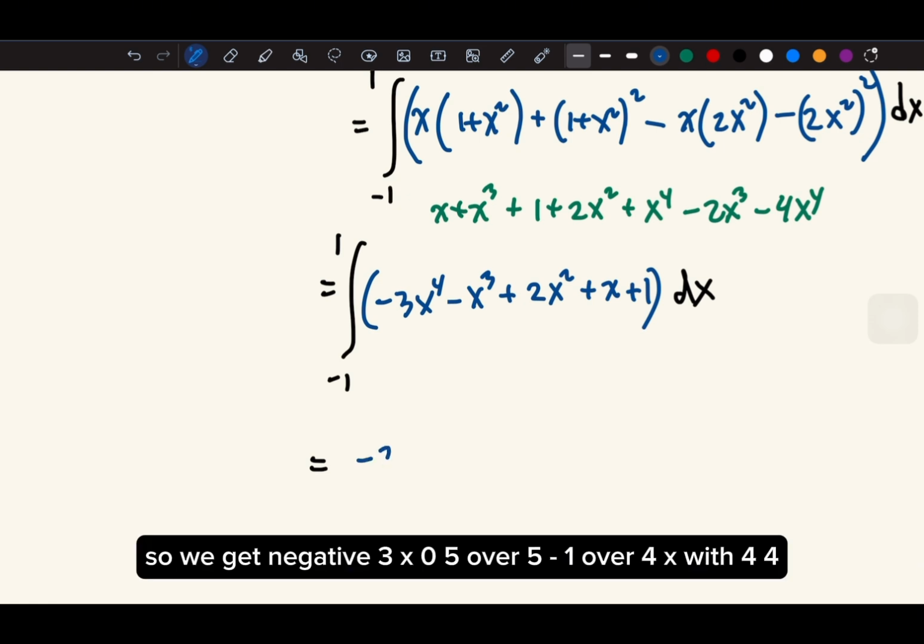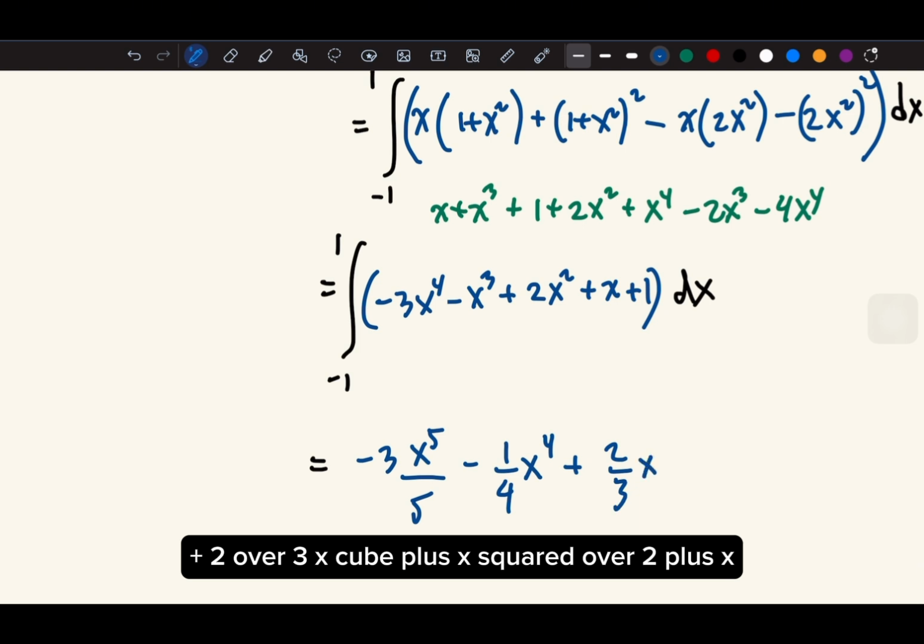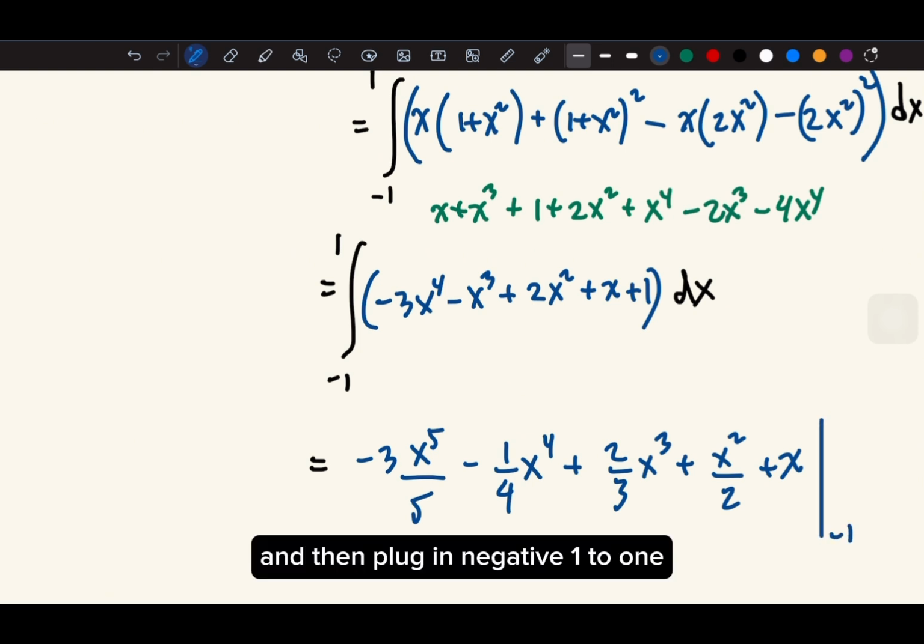So we get -3x to the power of 5 over 5, minus 1 over 4 x to the power of 4, plus 2 over 3 x cubed, plus x squared over 2, plus x, and then plug in -1 to 1.